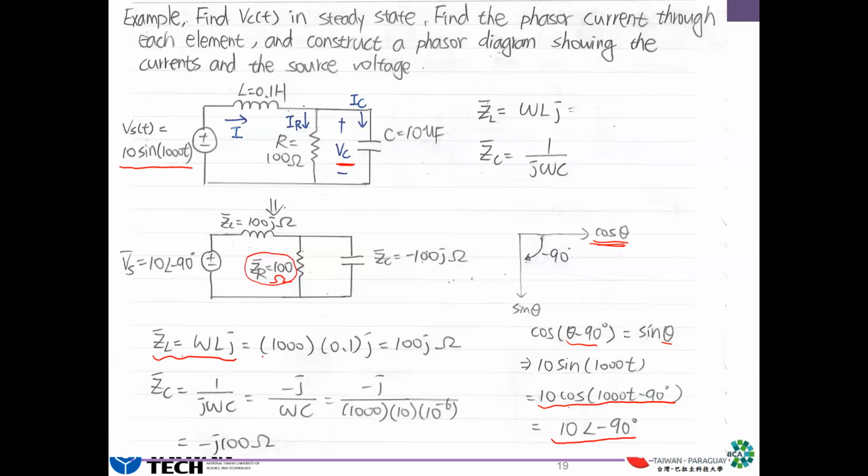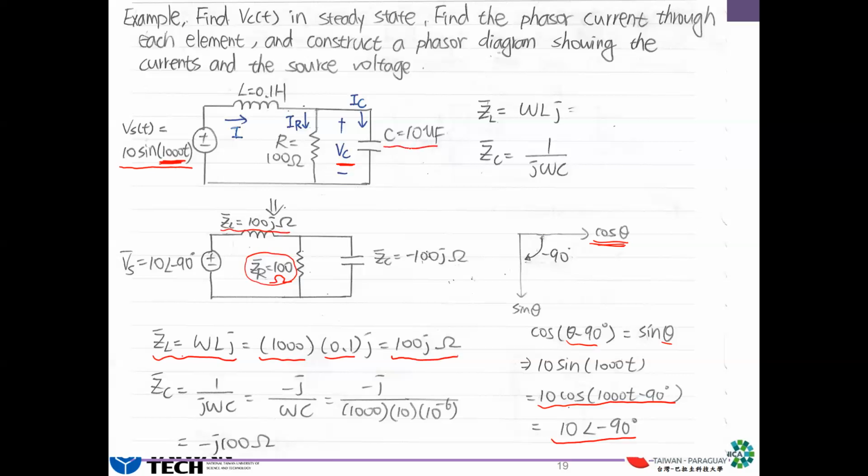Omega is the radian frequency, and what is inside the sine is the radian frequency. So it's 1000 multiplied by 0.1 Henry, and it's 100j ohm. So we just calculate the impedance of the inductor and write it here.